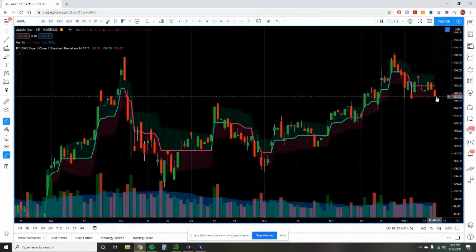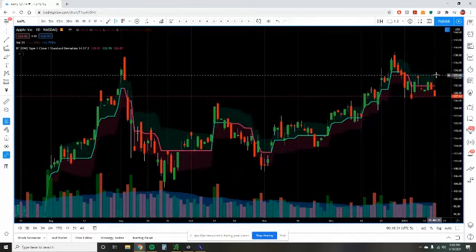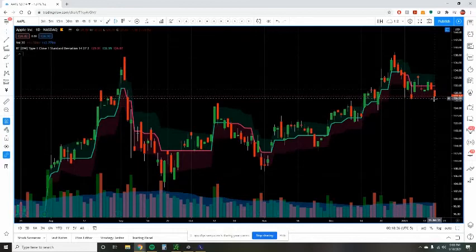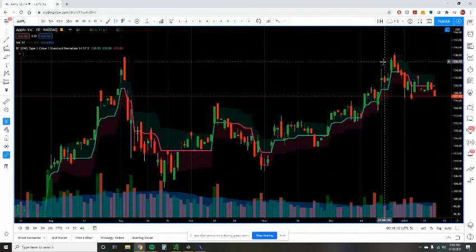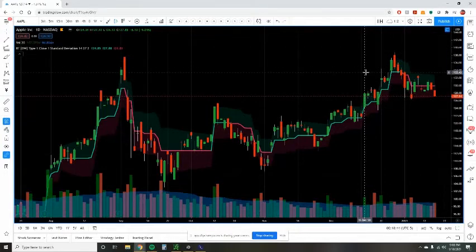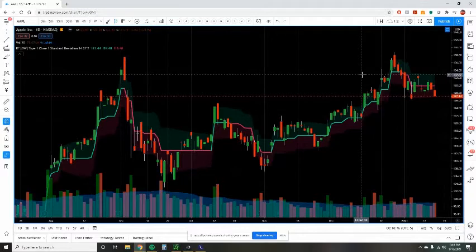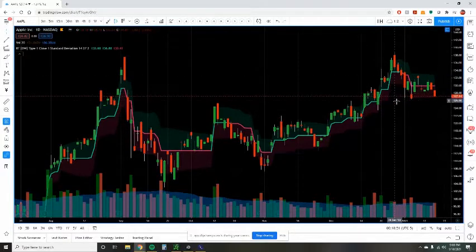So, for instance, currently this range here would be the range of the last 68.2% of trades. Anything that happened below that or above that is considered a 1 sigma event, or would have the probability of happening either 1 standard deviation or -1 standard deviation of the time.